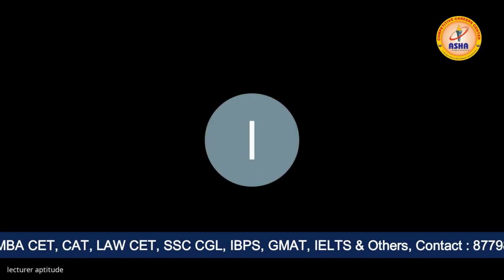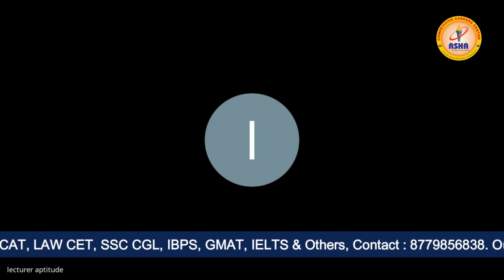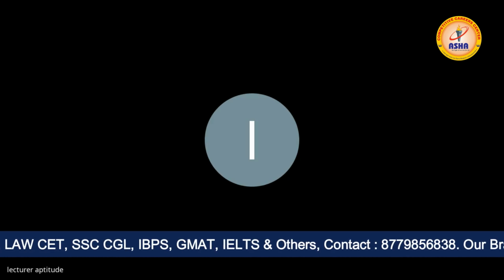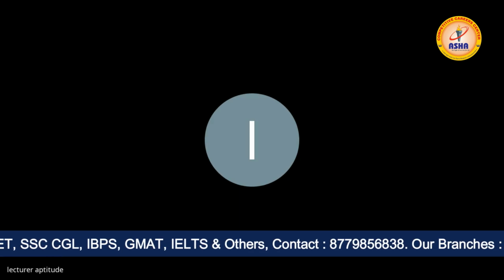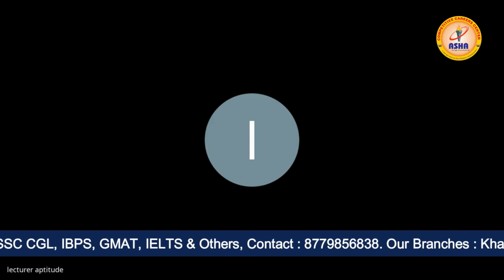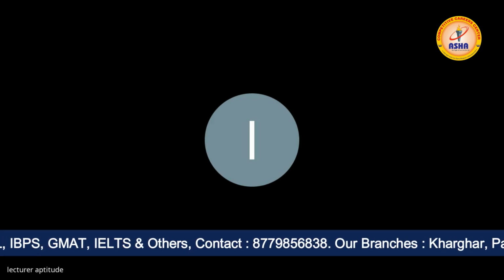The second statement is W is greater than or equal to G. What is the relation between W and G? Here you can see that W is here, G is here. The relation is exactly opposite. There is no clear relation between them. Why?